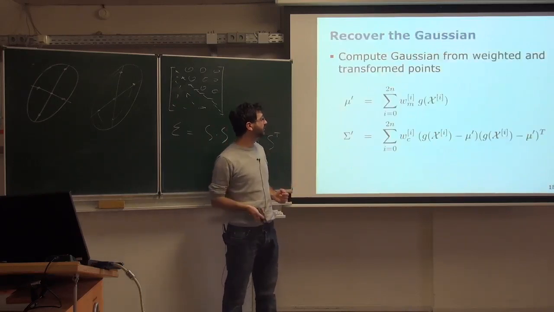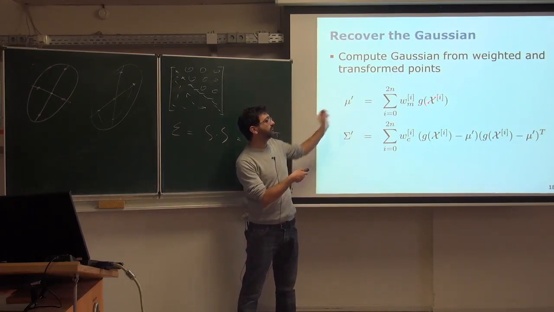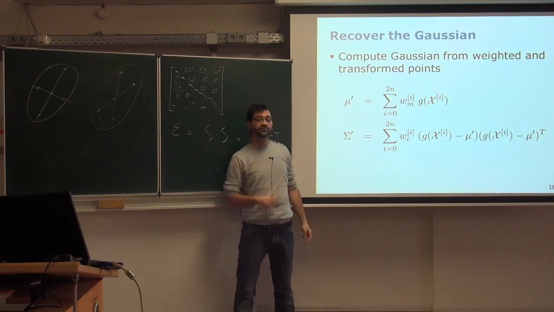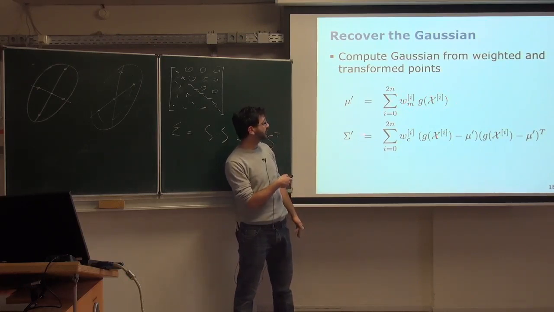Now, how can we recover the mean and covariance again? By transforming each sigma point according to our function g, and then computing the empirical mean from the sigma points with the weights we computed so far. The same is for the covariance.